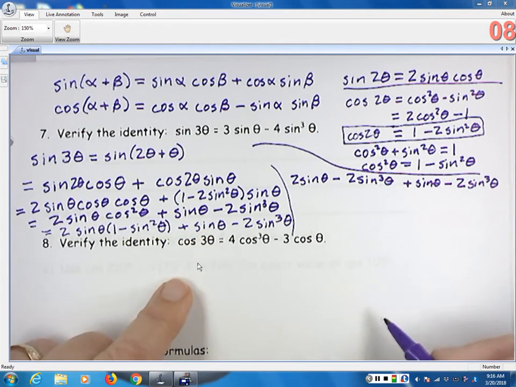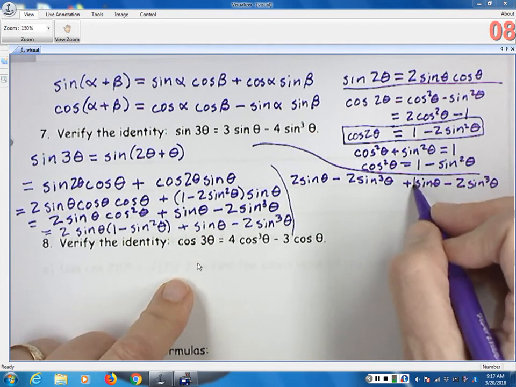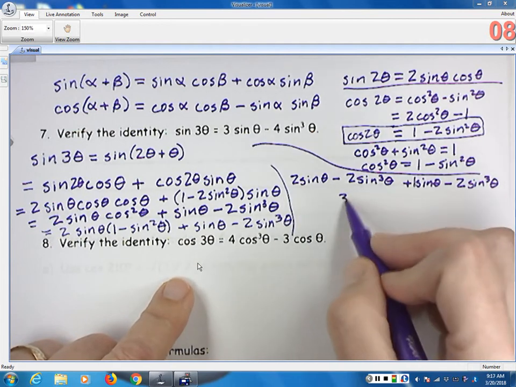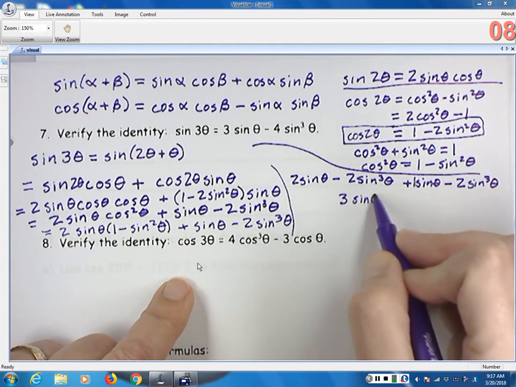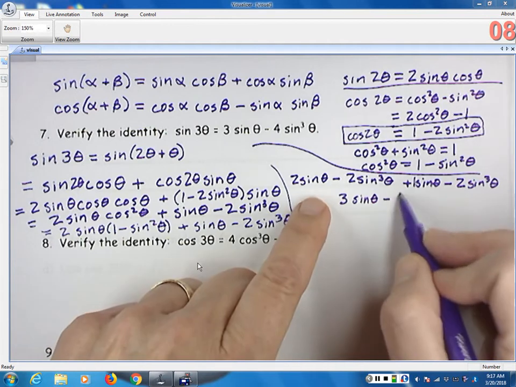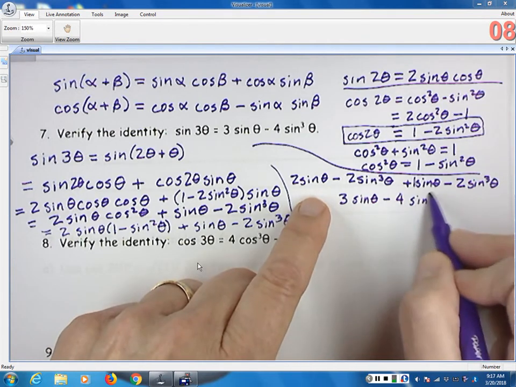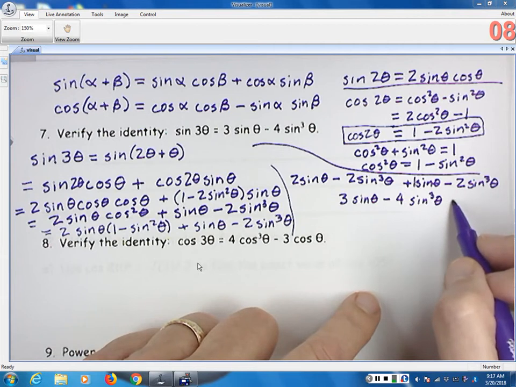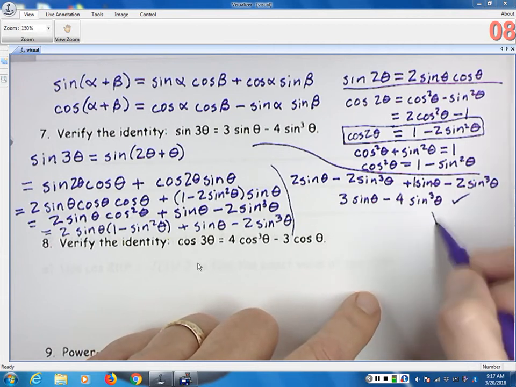Combine our like terms. So that's 3 sine theta minus 4 sine cubed theta. And so it's verified.